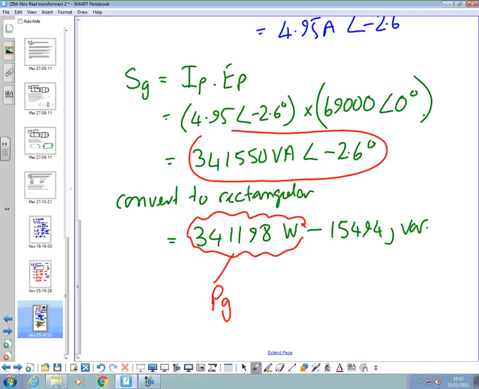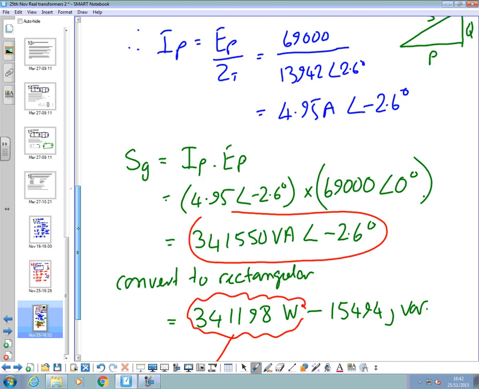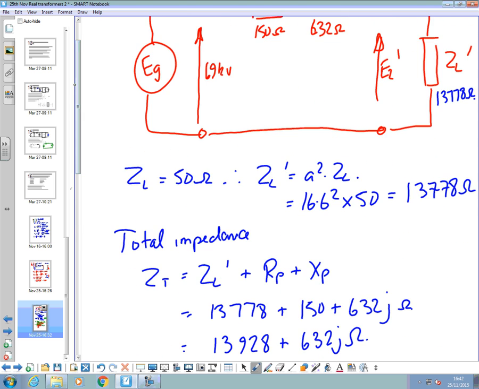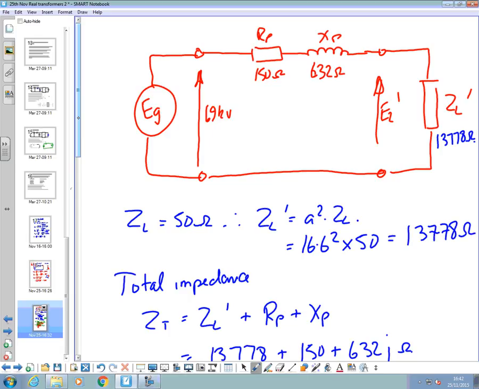All happy with that? So let's put it in here. 341,198 watts.